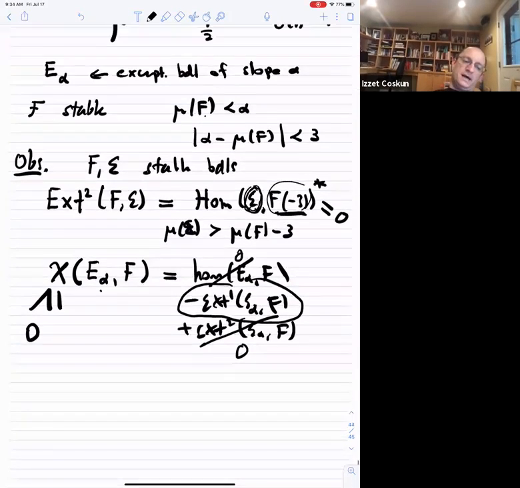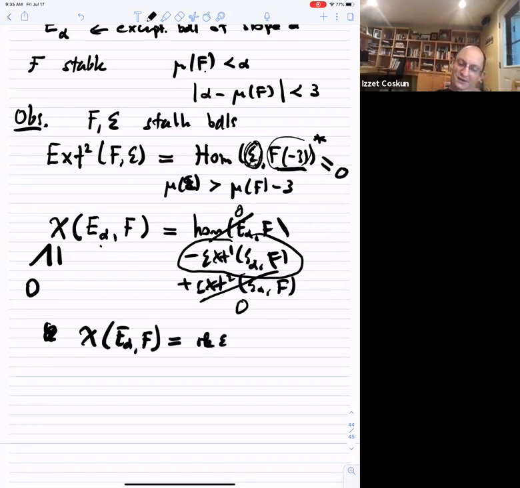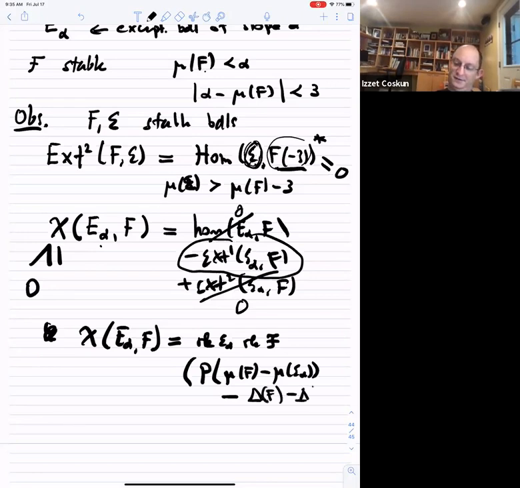What that means is that I can express this chi(E alpha, F). I know how to write it down, right? It's the rank of E alpha times the rank of f, times P of the slope of f minus the slope of E alpha, minus the discriminant of f minus the discriminant of E alpha. That's just Riemann-Roch.